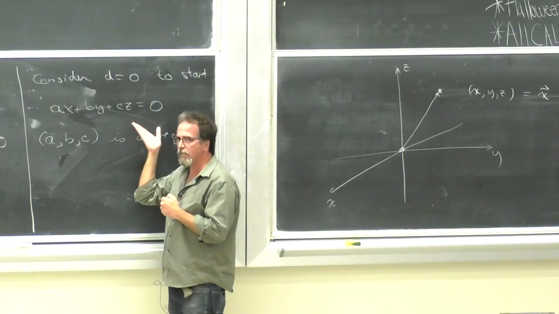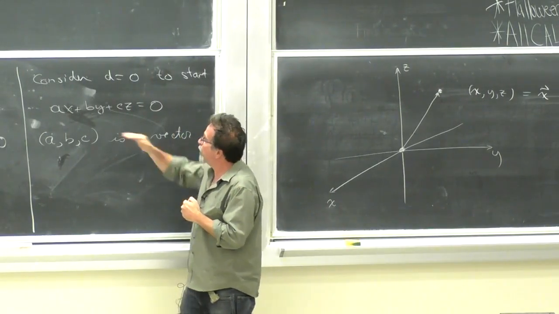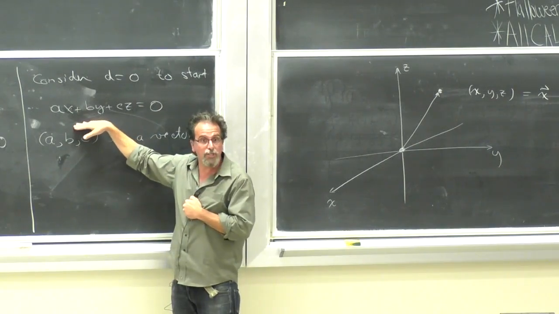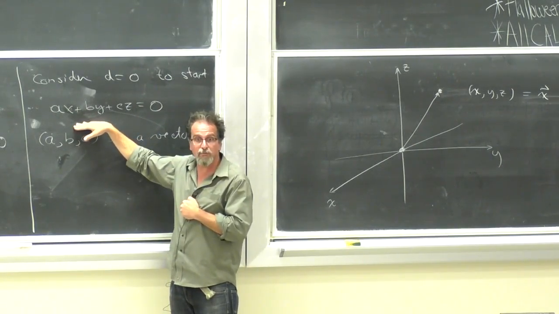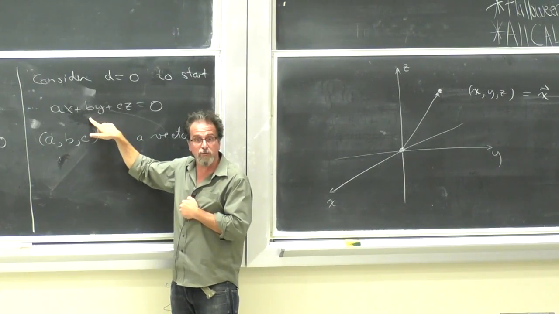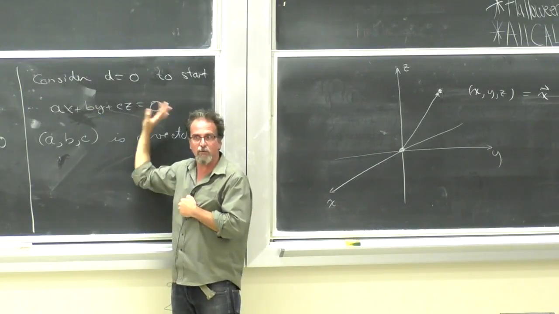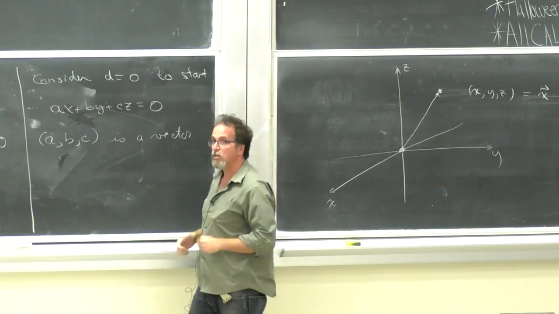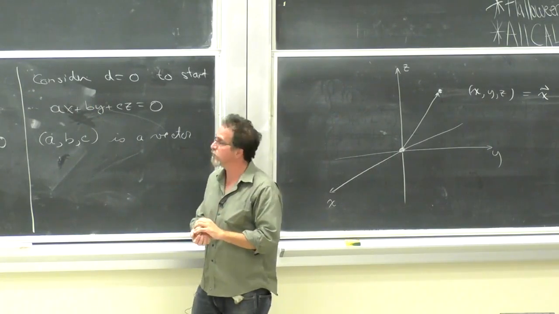Now look at what this says. Well, first, by the way, it says the origin is in the surface. The surface passes through the origin, because 0, 0, 0 satisfies 0 equals 0. That's good. So the origin is in the surface.